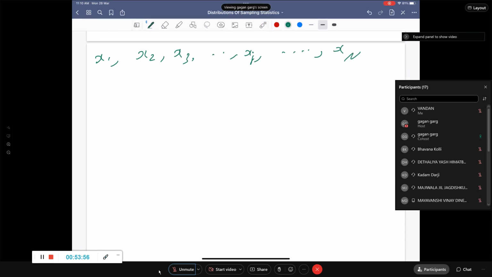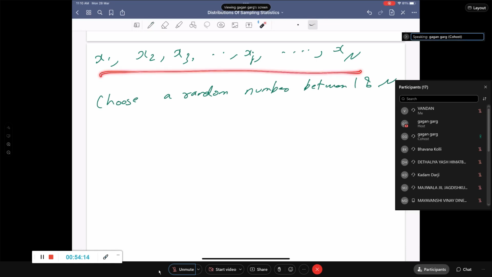Then you choose a random number between 1 and n. This is the first step. You have the array from 1 to n. Then step 1 is choose a random number between 1 and n.